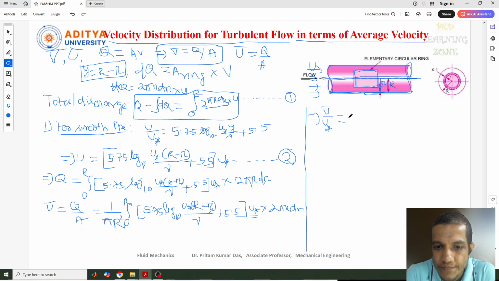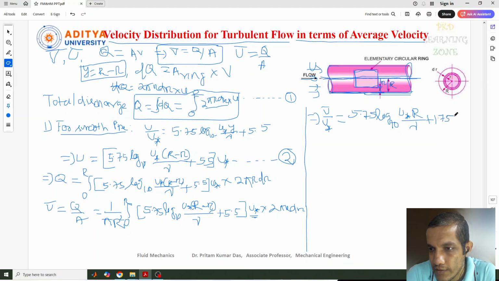So we'll get u by u star equal to 5.75 log 10 of u star r by nu, plus 1.75.